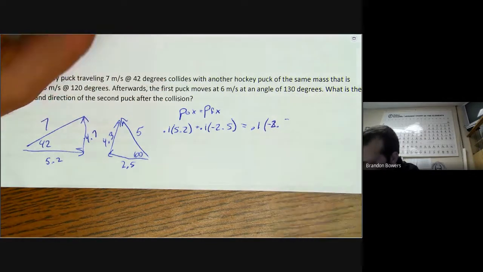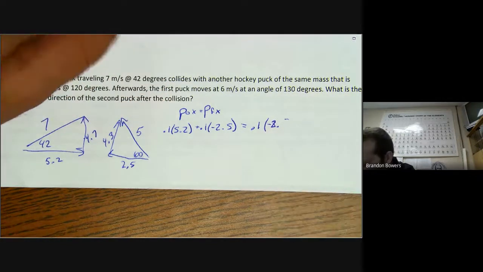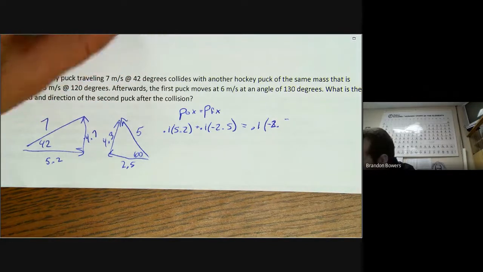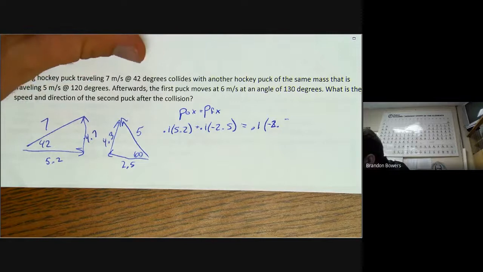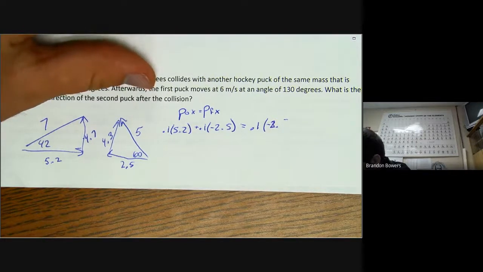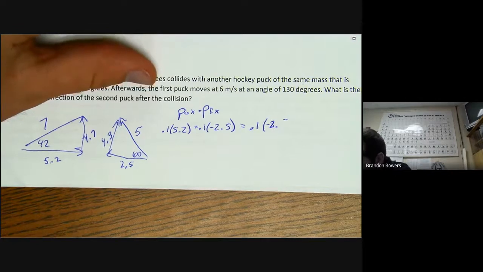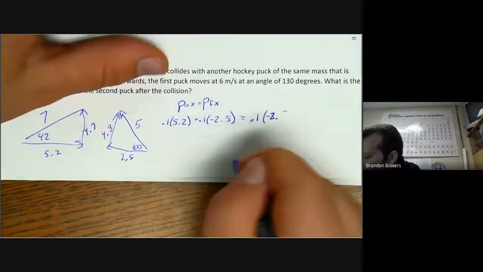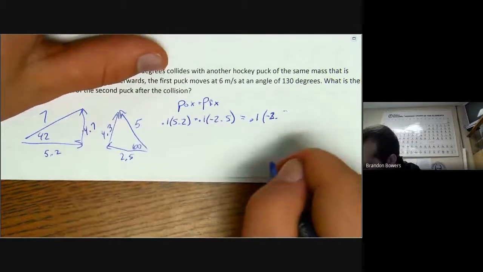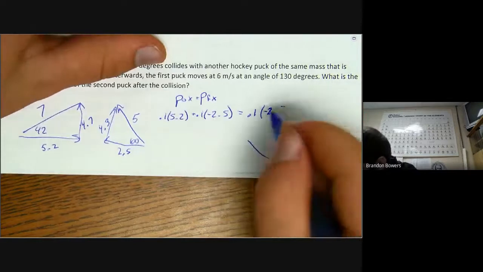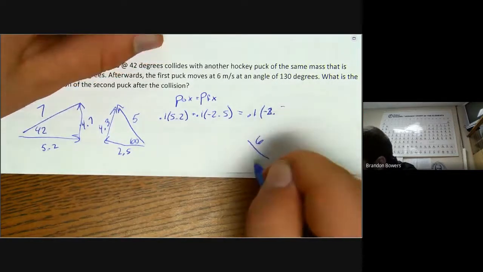Oh, the final. Final. Okay, so 0.1. After it was traveling, afterwards, the first puck moved 6 meters per second at an angle. Okay, I know where I messed up. So this was all initial.